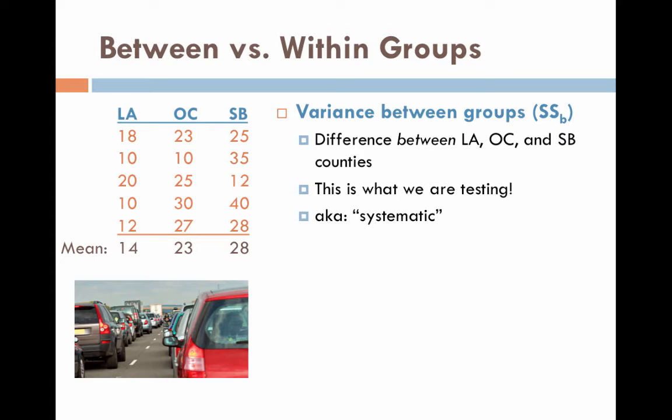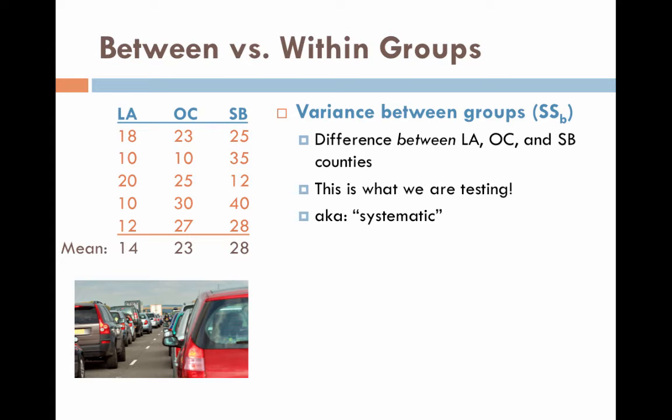Is there a significant difference between these groups? And this is the systematic influence that we're trying to look at. Trying to see if location has a systematic influence, has an effect on how many miles somebody drives. So this is looking at variances between groups. And this is what we denote as SSB, also known as sum of squares between groups.